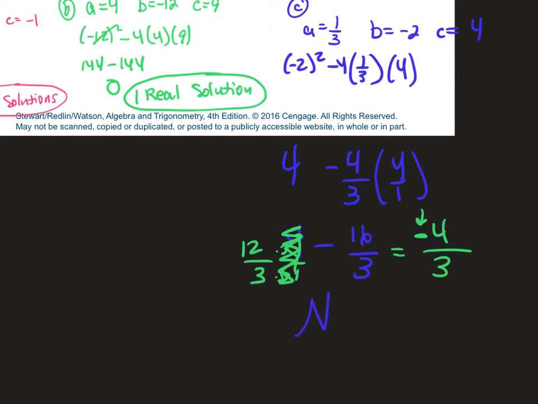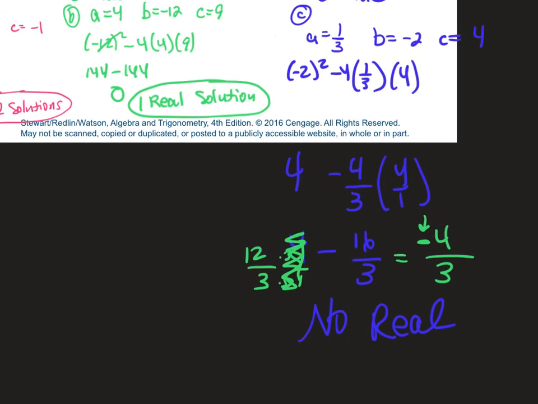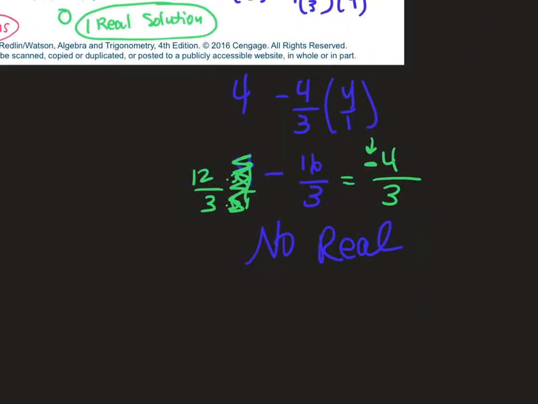There's no real solution. Perfect. No real solutions. Meaning, if I were to graph this, it would not cross the x-axis. Another way to say it is two imaginary, but I think on WebAssign they want you to say no real solutions.